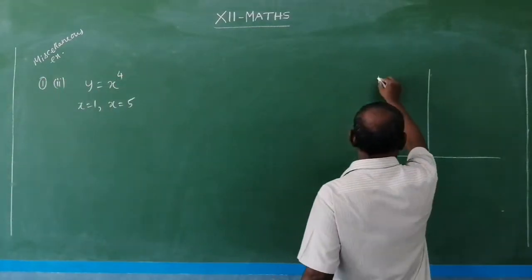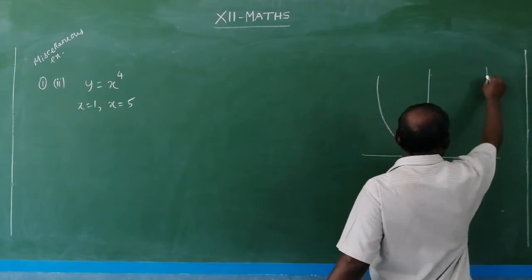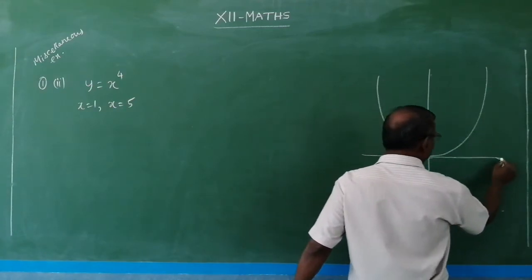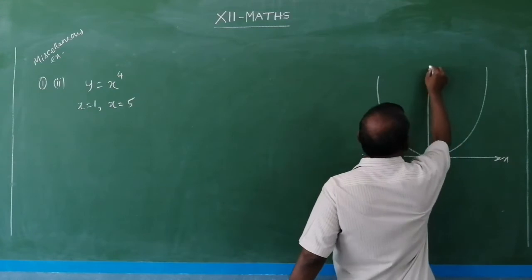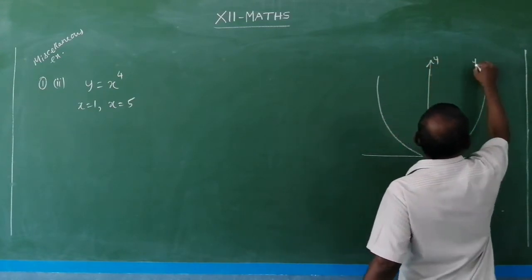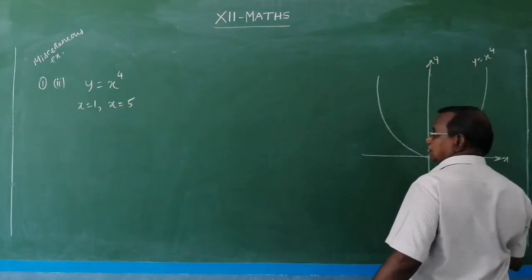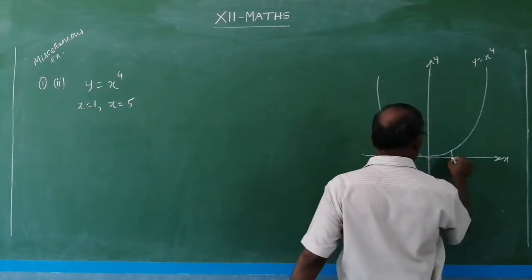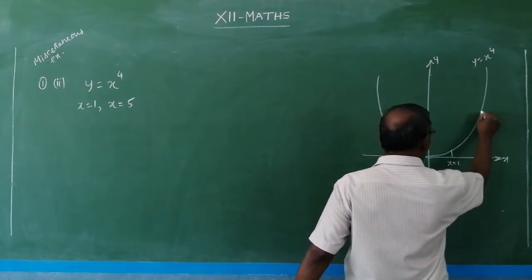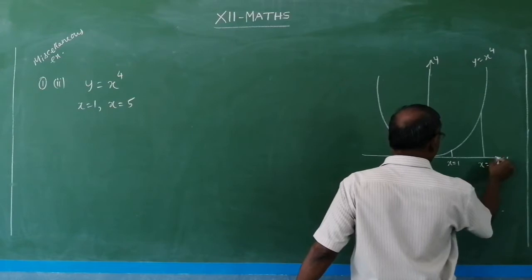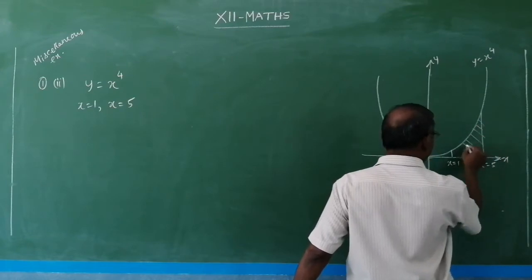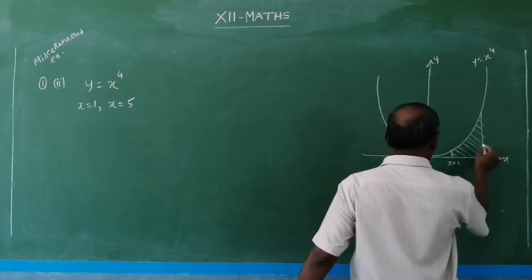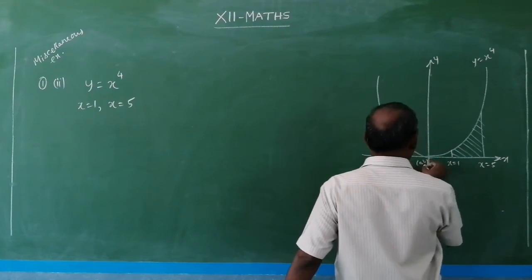This is also a kind of parabola, open upward. So we draw the x axis, y axis, y equal to x power 4 and the ordinates x equal to 1 and x equal to 5. This is 0, 0.